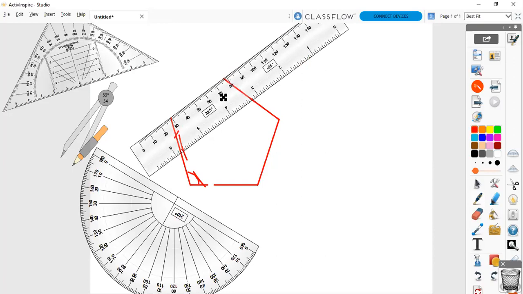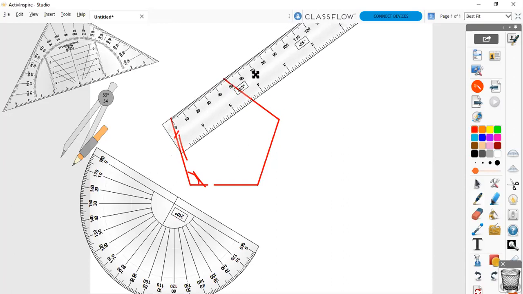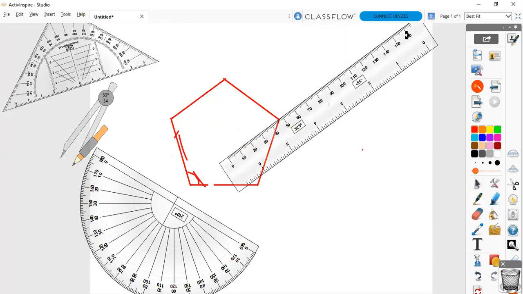Yes, this will be exactly 50 mm. As you can see, if I start with 0 and join these 2 points, how much is it? Approximately it is 50. So this is how your pentagon is completed.